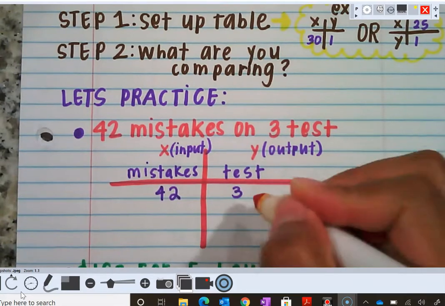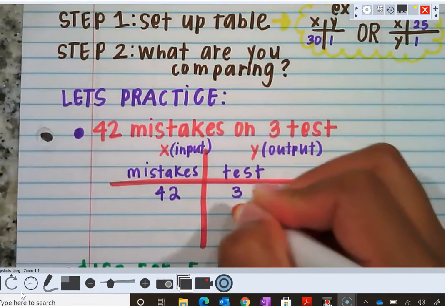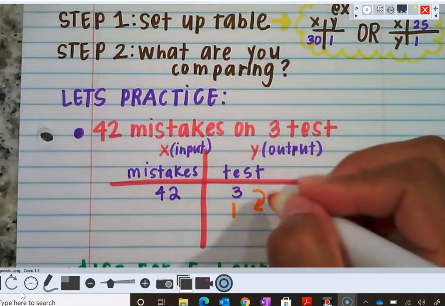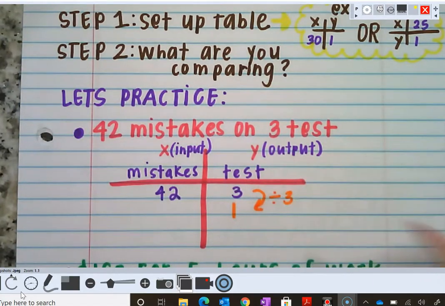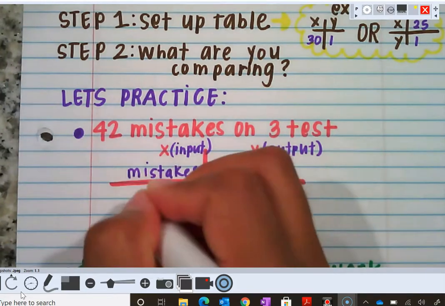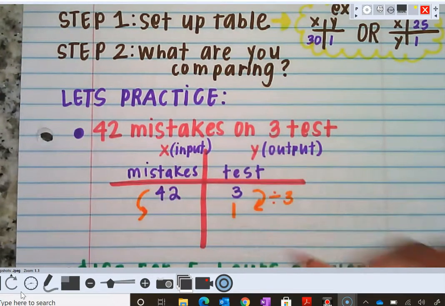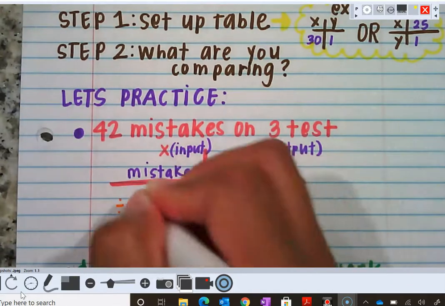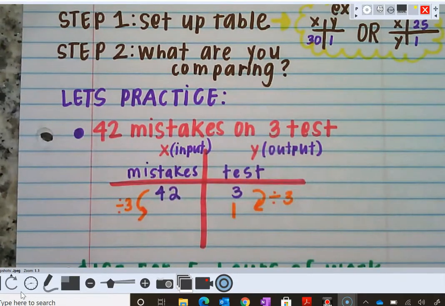And so to figure out how to get this to 1, we're going to need to divide by 3. And if I divide by 3 on one side, I have to do it on the other side to keep the equivalency. And 42 divided by 3 is, let's get our calculator. Now we can use calculators.